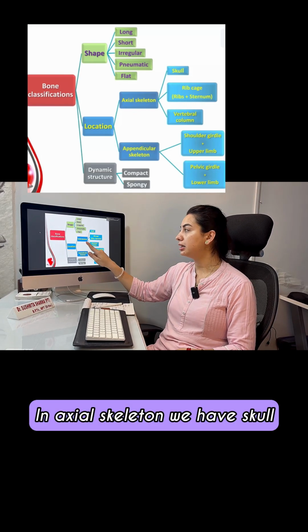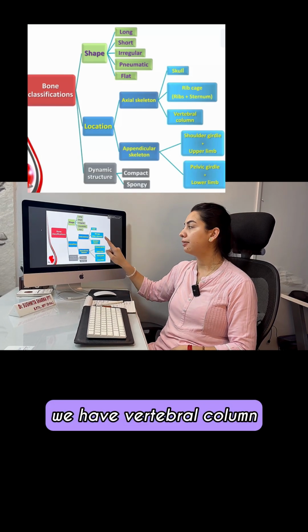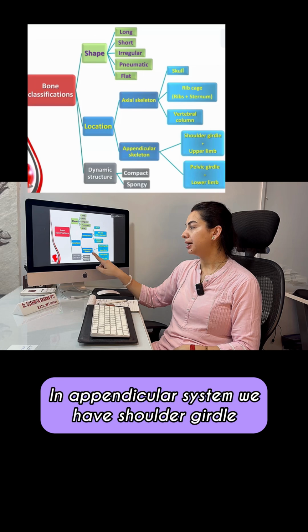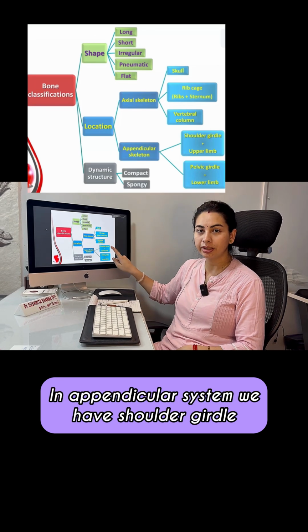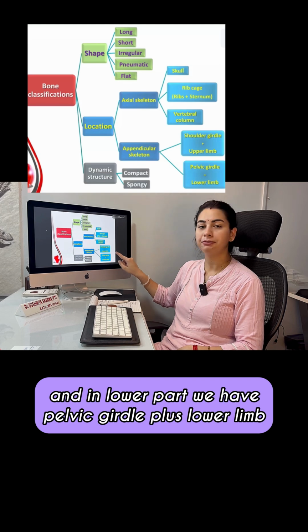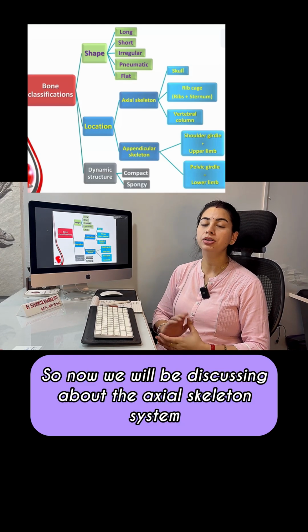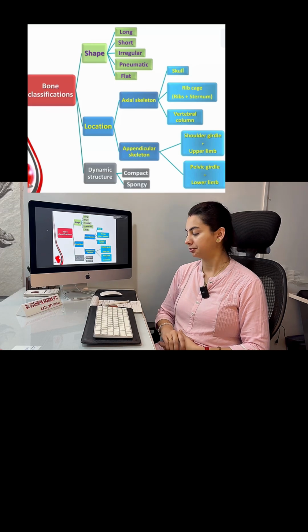In the axial skeleton we have the skull, the rib cage, and the vertebral column. In the appendicular skeleton we have the shoulder girdle plus upper limb, and in the lower part we have the pelvic girdle plus lower limb. Now we will be discussing the axial skeletal system.